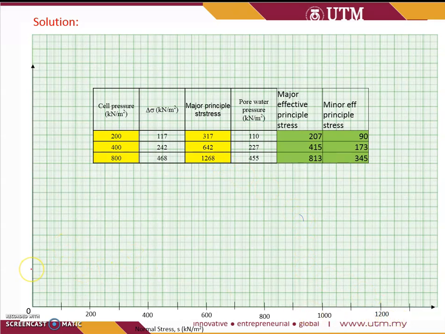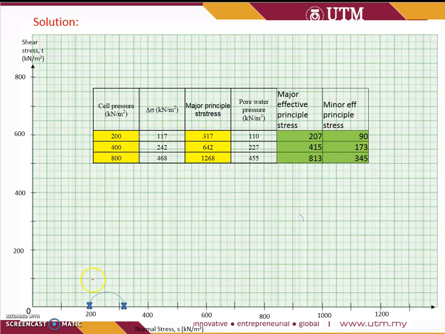Similarly for the y-axis, I use a similar scale. If it is 200 here, I use 200 here for a simple approach. As we know, we already have the yellow table for the total stress condition. Let's start with the first circle: stress 3 equal to 200 and stress 1 equal to 317.